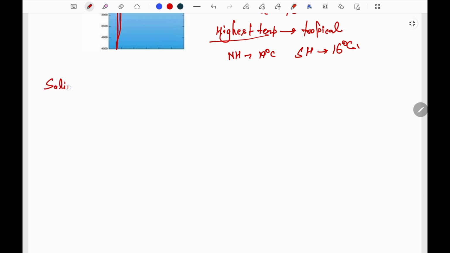Salinity. First of all, understand what the salinity means. So it is amount of total dissolved minerals and salts in the ocean water. And it is calculated in unit known as parts per thousand.